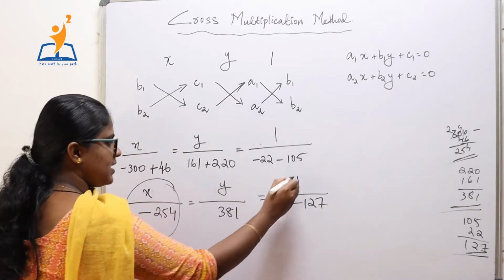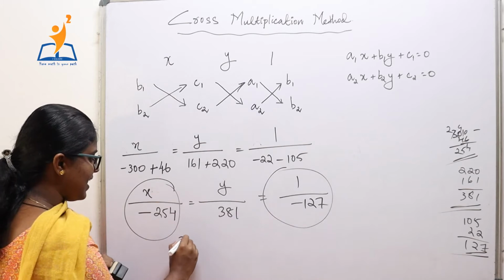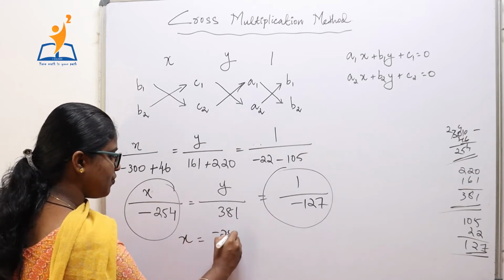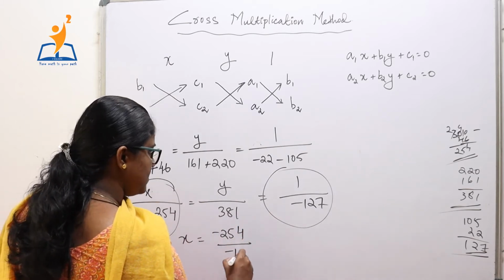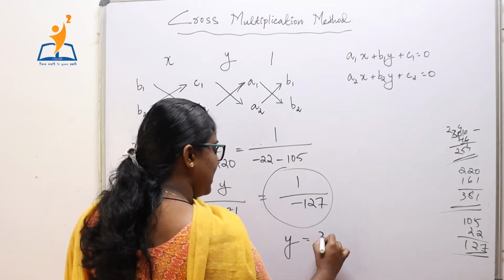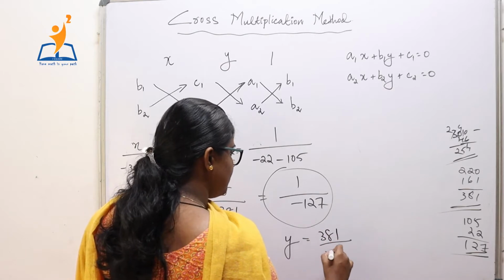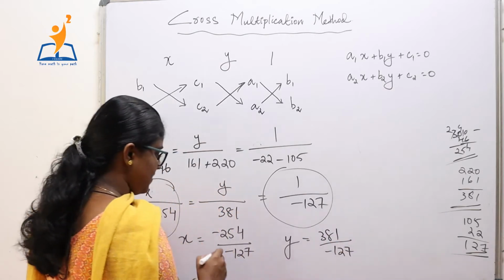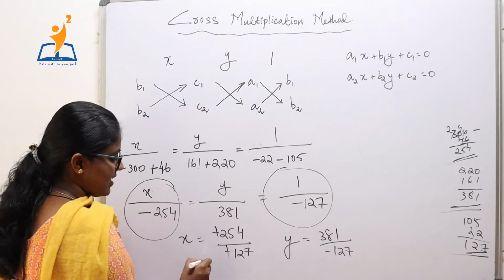Since this fraction and this fraction are equal, we will get x is equal to minus 254 by minus 127, and y is equal to 381 divided by minus 127. Here negative and negative gets cancelled.